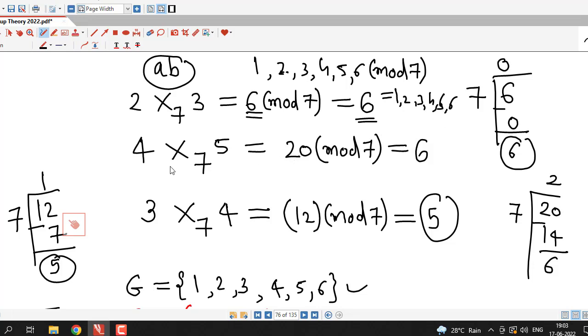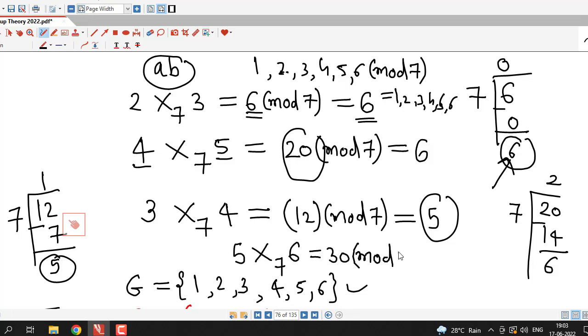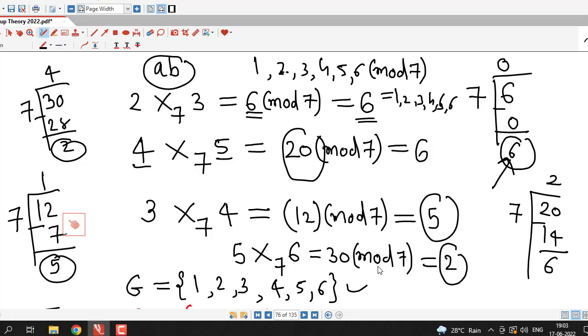And whenever the product is bigger than 7, we divide it by 7 and write down the remainder. For example, 5 multiplication modulo 7 into 6, that is 30 modulo 7. We find the remainder when 30 is divided by 7. 7 into 4 is 28, and the remainder is 2. So here I will write 2.